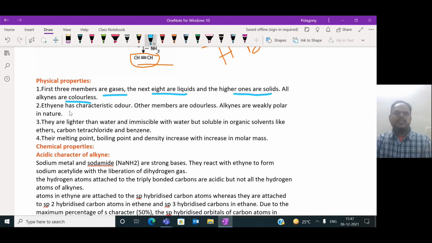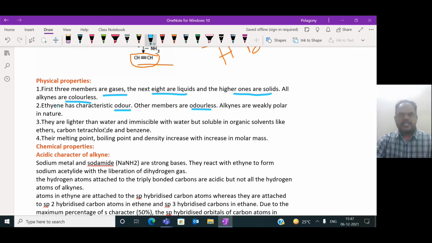And the second one is ethyne. Ethyne has a characteristic odor. Pure ethyne is odorless, but the impure ethyne obtained from industry has that characteristic pungent odor because of the impurities present, which are phosphine and arsine.